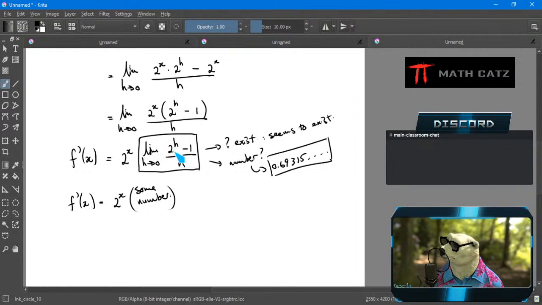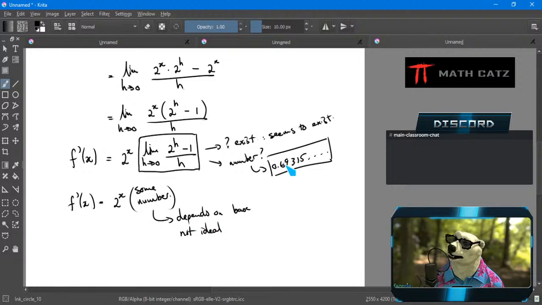Then I would have that base in the limit, and that would change the number. So for every different exponential function, the some number part that gets multiplied is going to change. So this is going to be some number that depends on the base, and that's certainly not ideal.